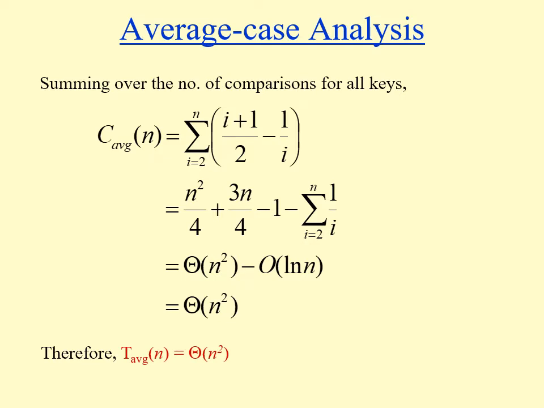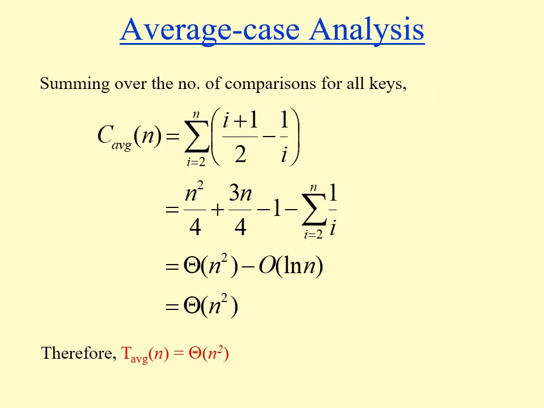So we sum over the number of comparisons for all the elements. It's a summation i from 2 to n, where each term is i plus 1 over 2. In the previous slide we used j, but here we just replace j with i, so it's the same.